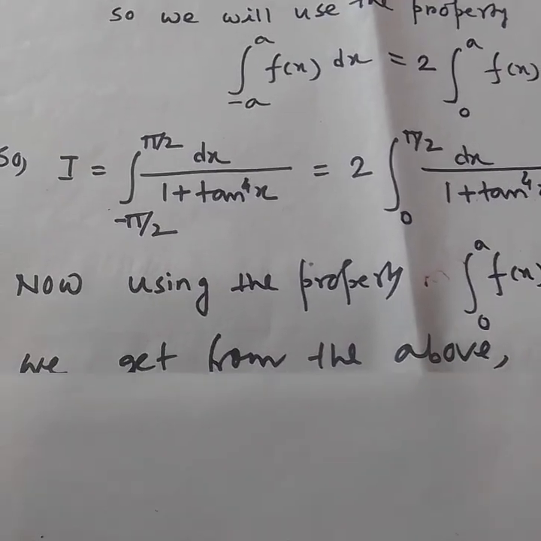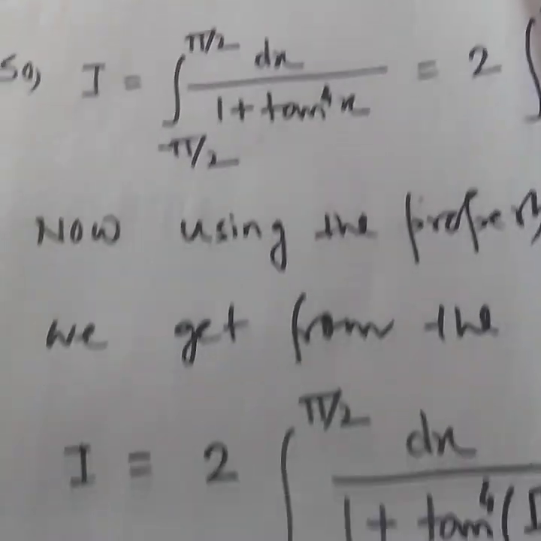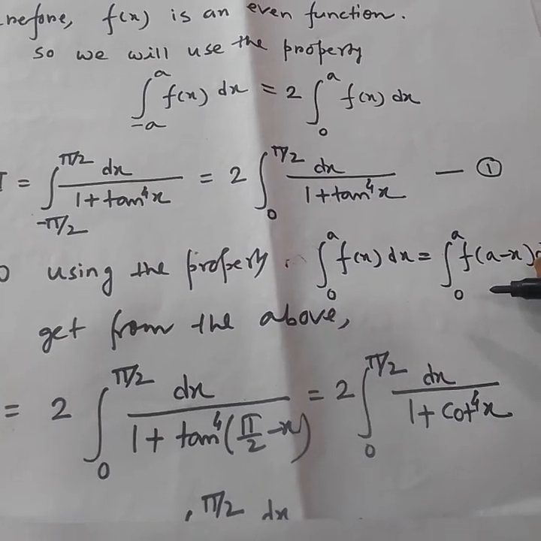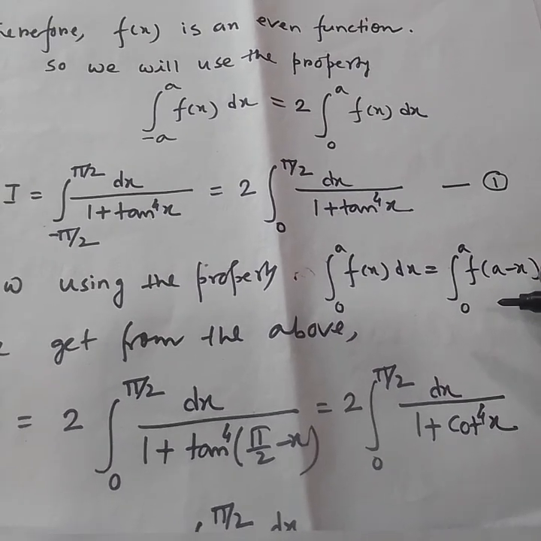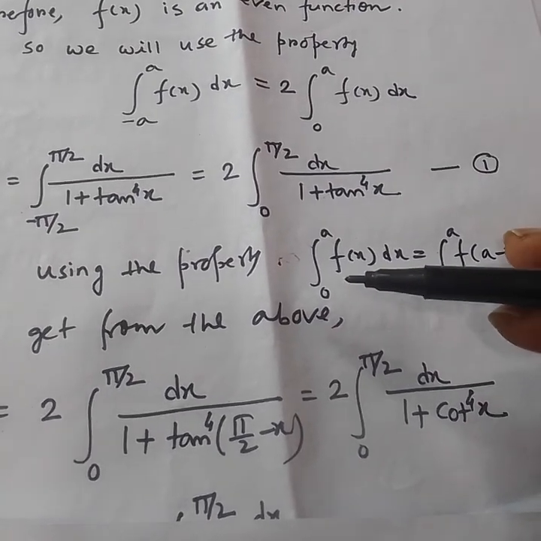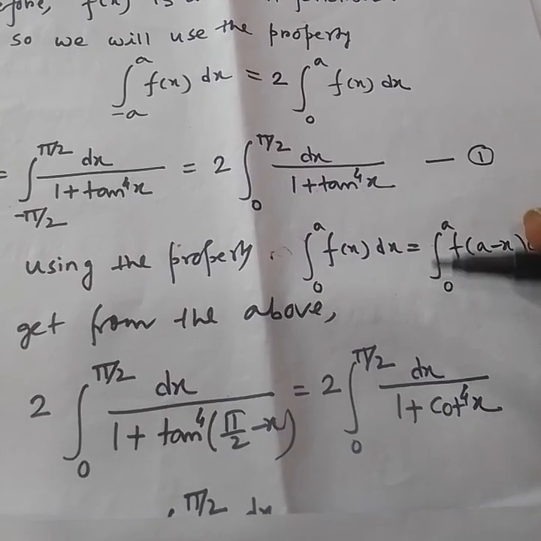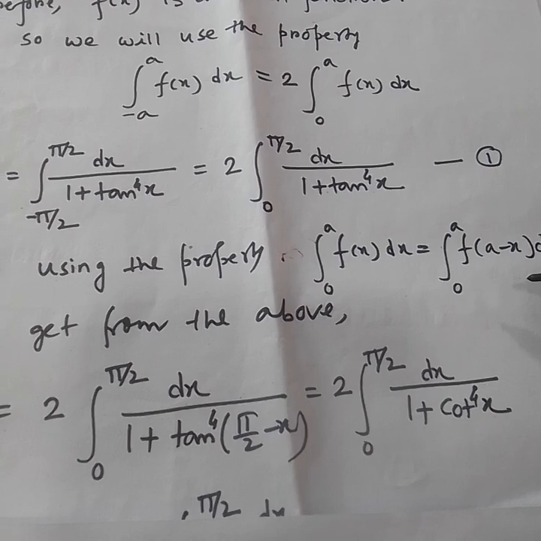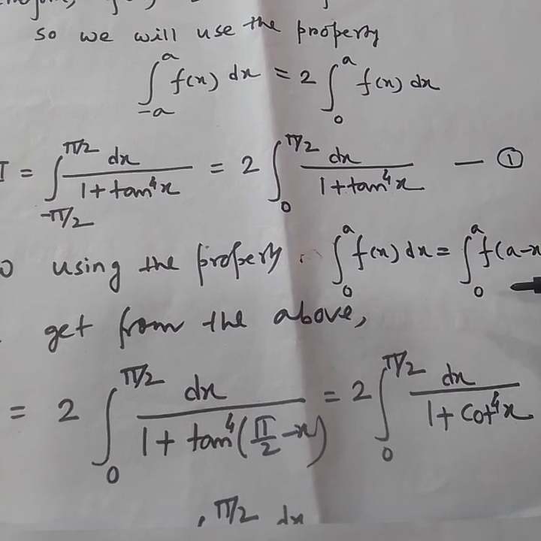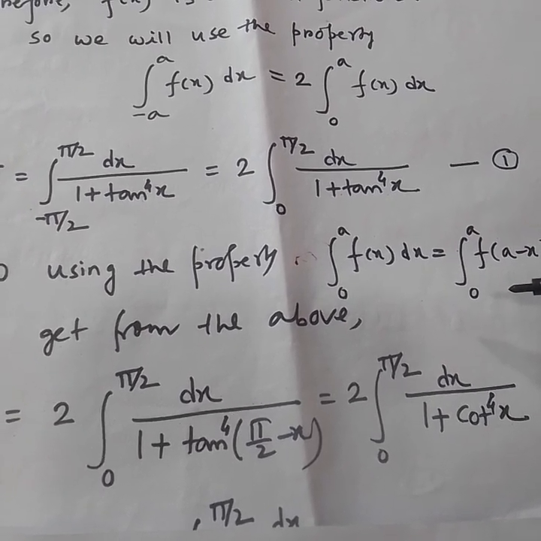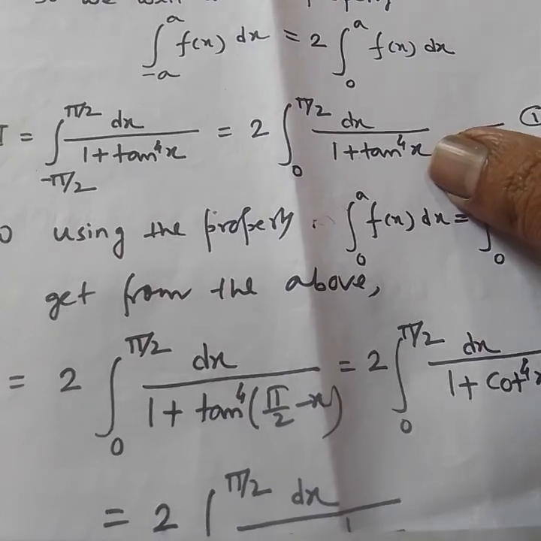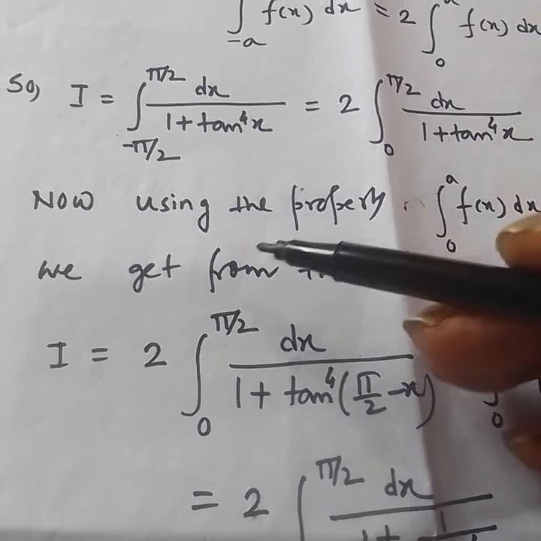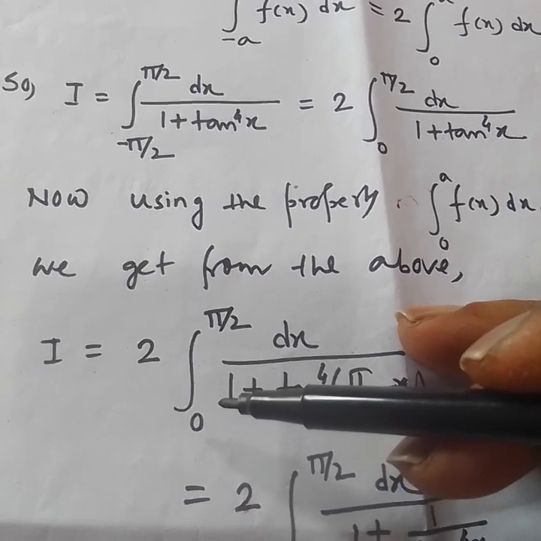After this, now we'll use another basic formula that goes like the integral from 0 to a of f(x) dx equals the integral from 0 to a of f(a minus x) dx. Using this relation, we replace x by pi by 2 minus x.